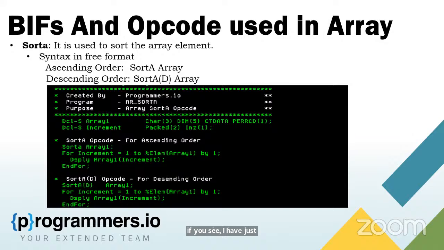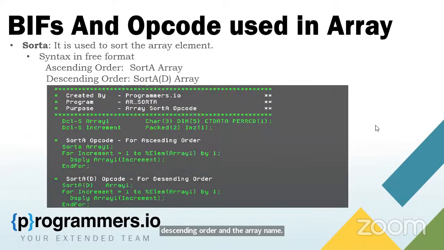I'm using SORTA, which gives output in ascending order, and using a for loop displaying all the values of the array. Then I make it descending by using SORTA with D in parentheses and the array name, so it gives me output in descending order.